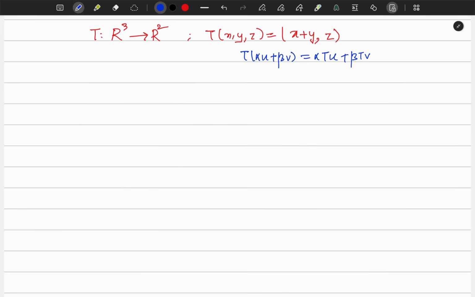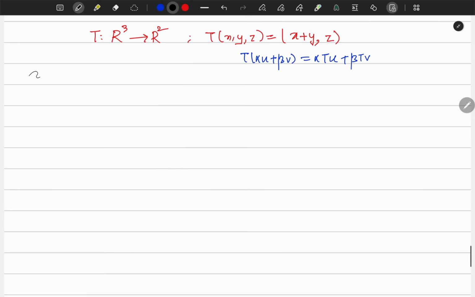For example, what will you do if you have to find the range space? I will directly show you, because I will not go in depth again into the theory. In the range space, take the standard basis of R3.